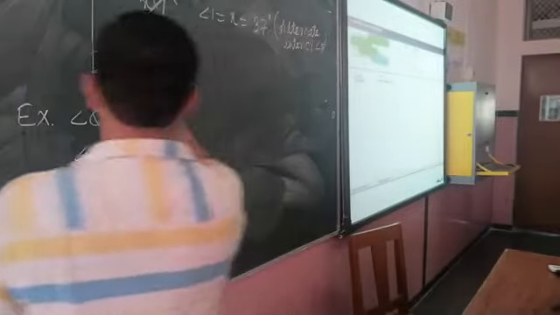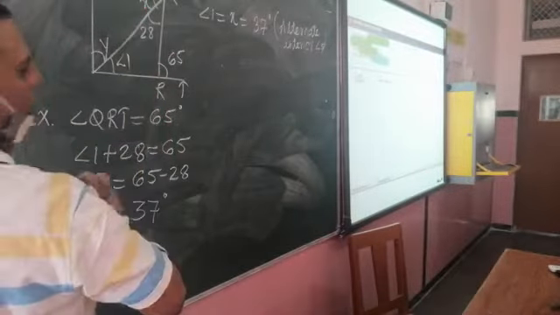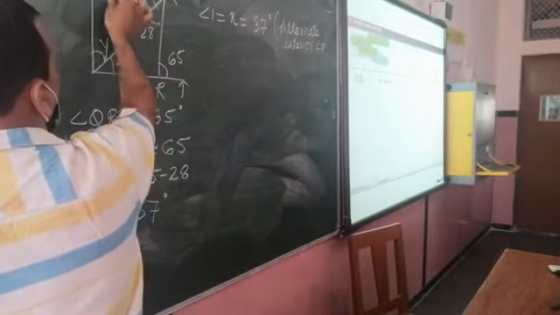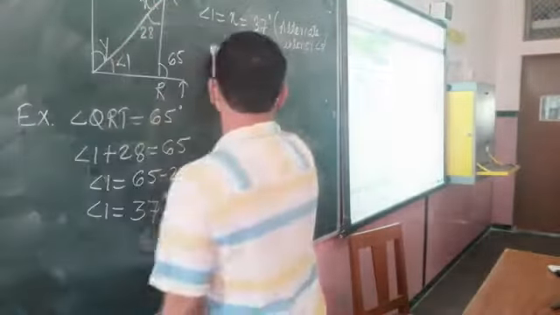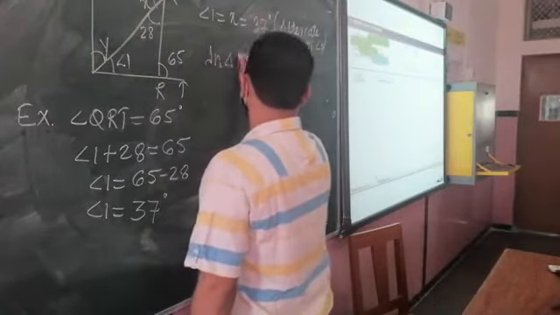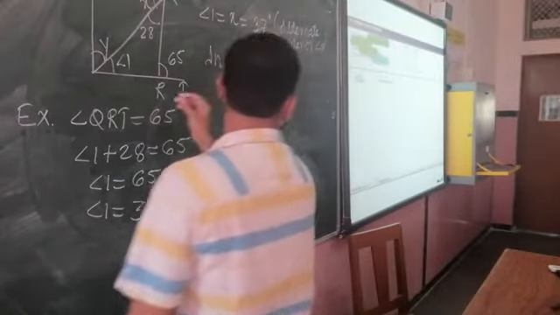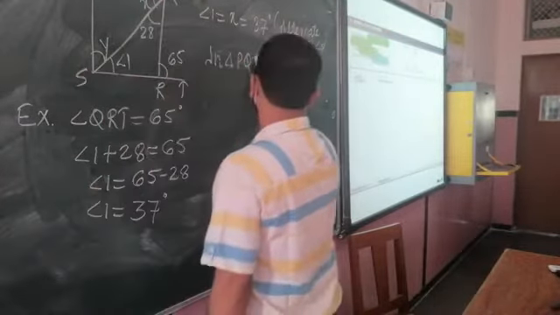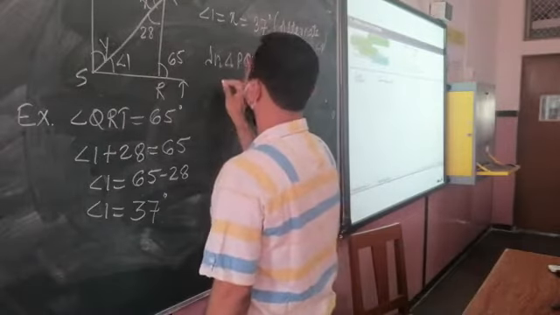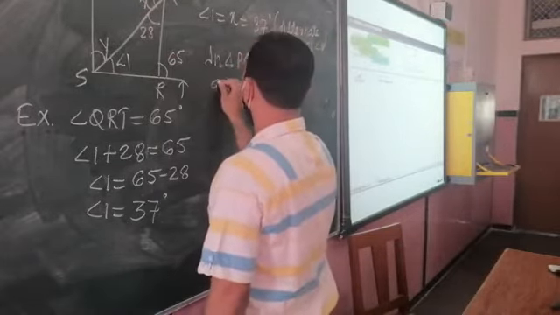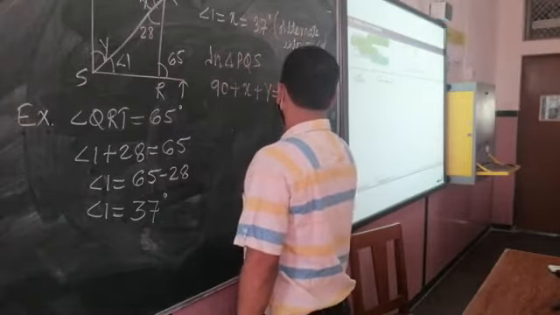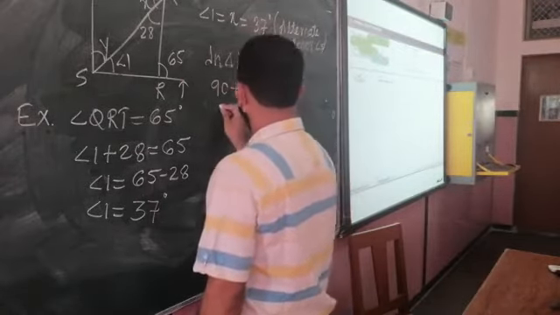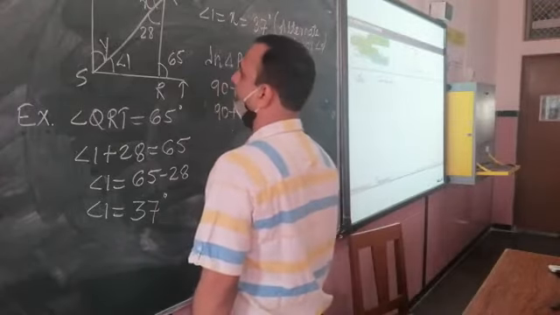Now what we'll do, we'll use the angle sum property. Here you can see the 90 degree symbol on the board. The x value we got, y we can easily find. In triangle PQS, 90 plus x plus y equal to 180 degrees. 90 is given, x we have to find.